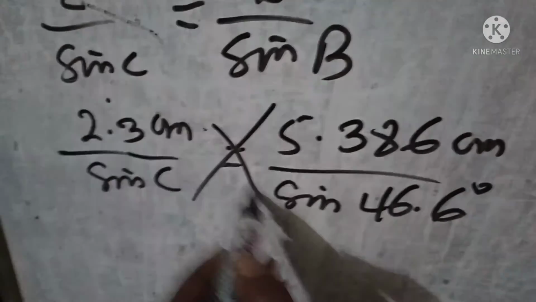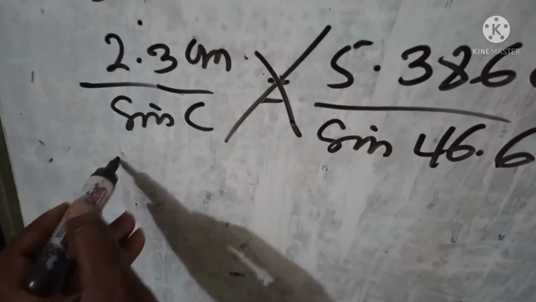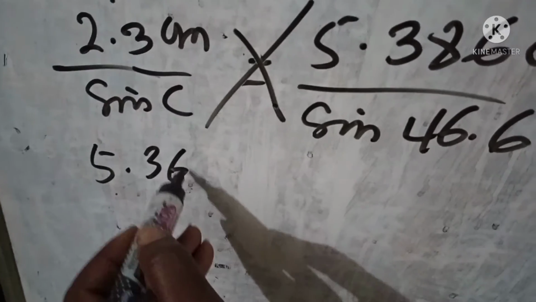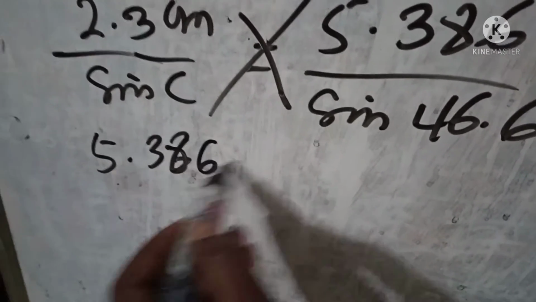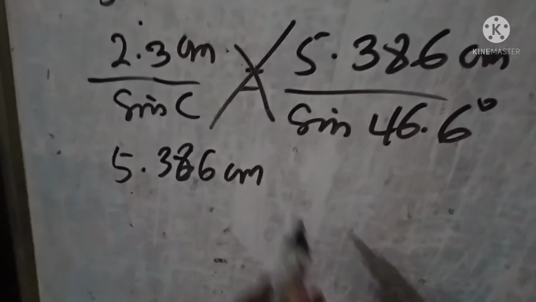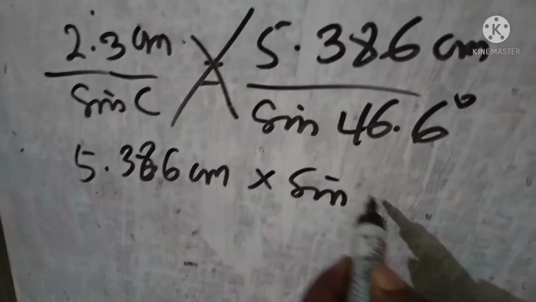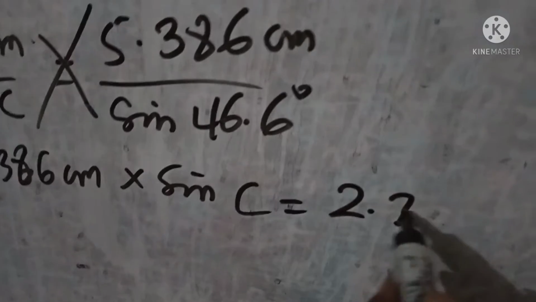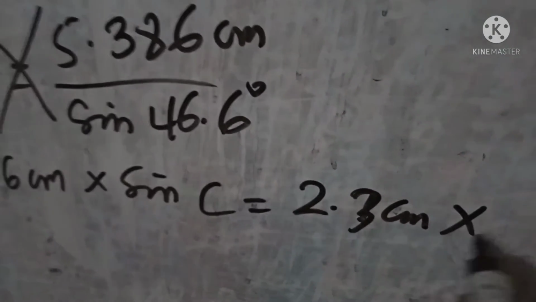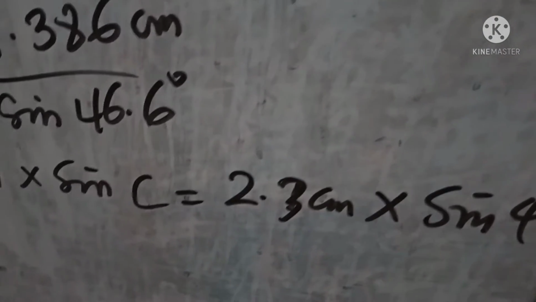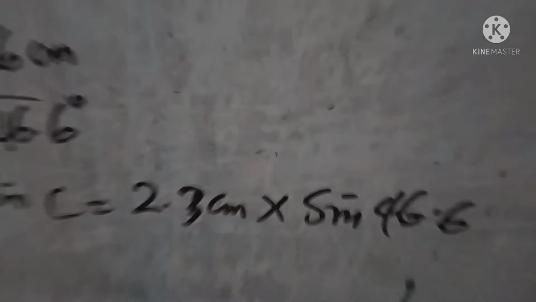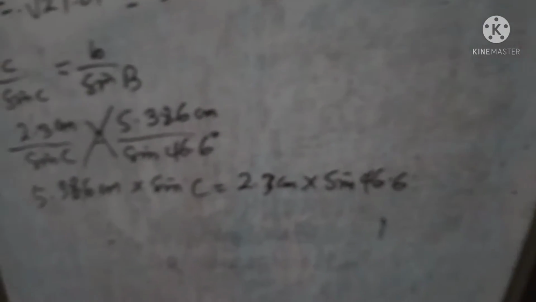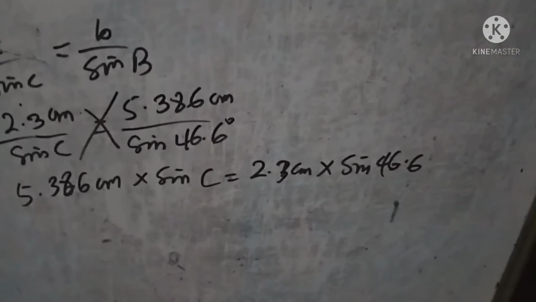So when you cross multiply, we are going to have 5.386 centimeters times sine C equal to 2.3 centimeters times sine 46.6. You can see it on the board there.